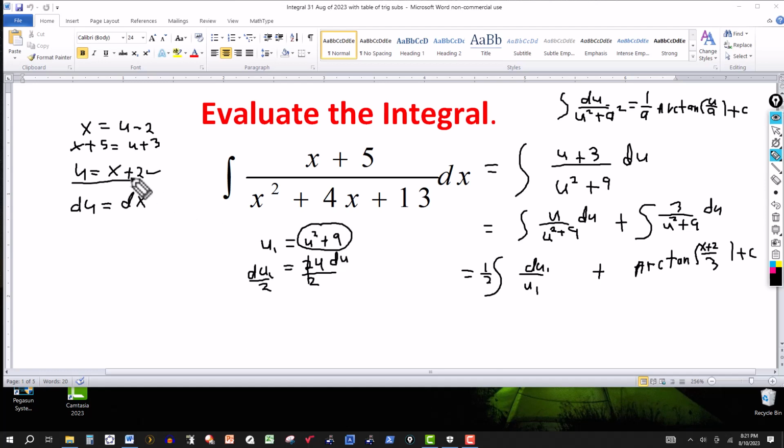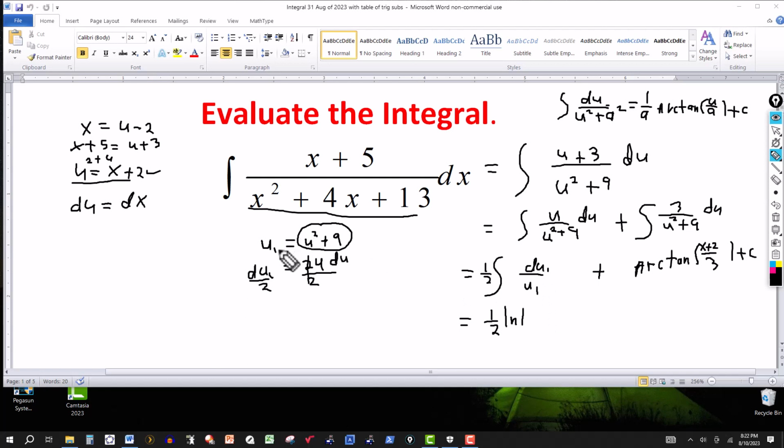But what is u squared plus 9? It's going to give us this right here. So I can rewrite this then as 1/2 natural log of the absolute value of u1.